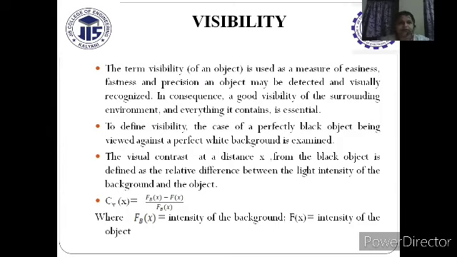The visual contrast at a distance x from the black object is defined as the relative difference between the light intensity of the background and the object, where f_b(x) is the intensity of the background and f_o(x) is the intensity of the object. By this formula, we get the visual contrast, denoted as CVX.